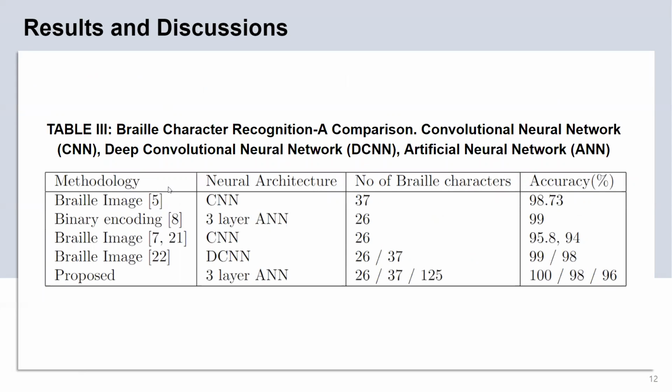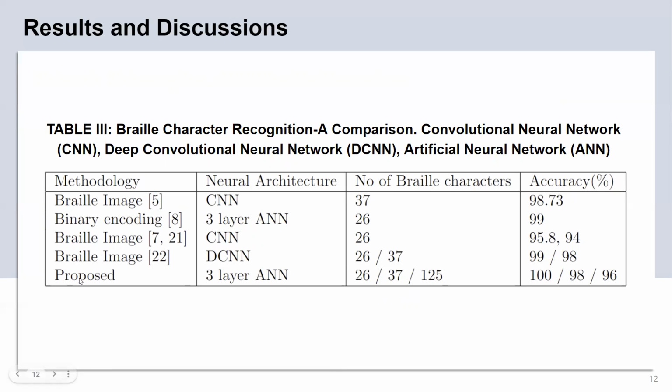And table 3 shows the Braille character recognition, a comparison with previous Braille works in the literature. This table shows that our proposed method shows improved accuracy and scalability in comparison with other works in the literature.